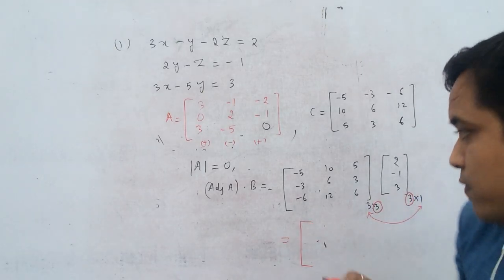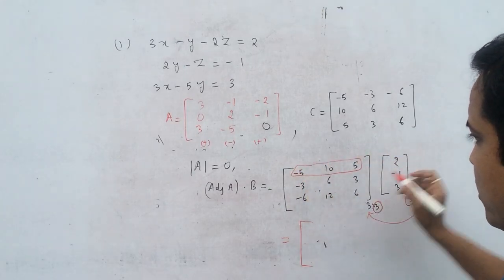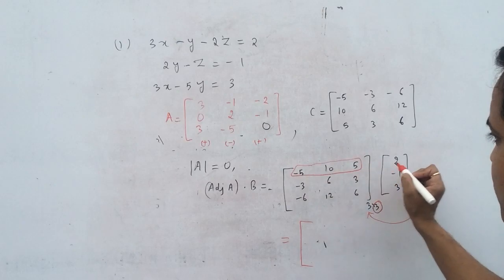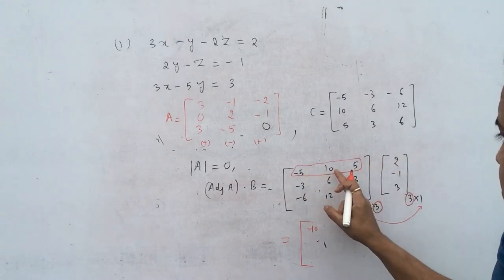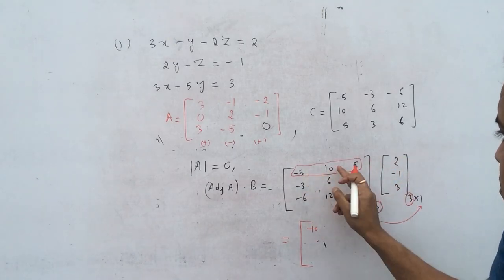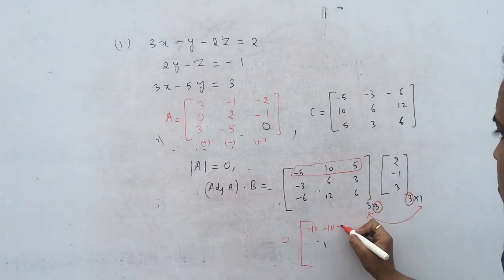Let's solve it. Here the row would be multiplied with the column. Minus 5 multiplied by 2 is minus 10. Minus 10 plus 10 into minus 1 is minus 10, plus 5 into 3 is plus 15.